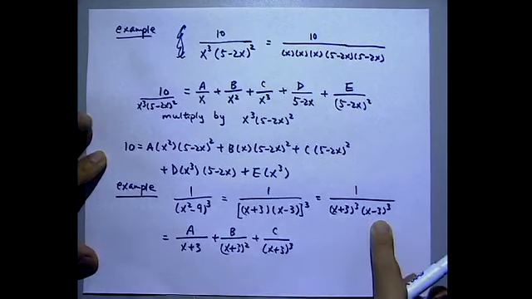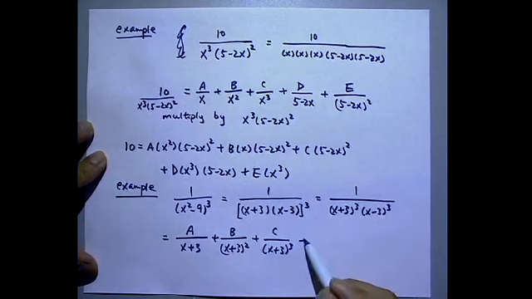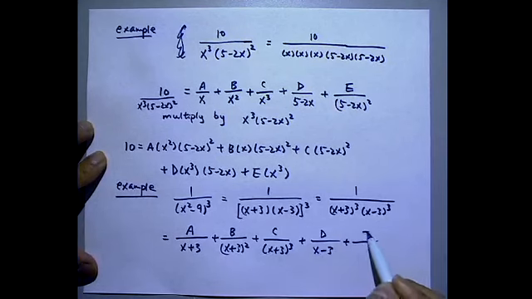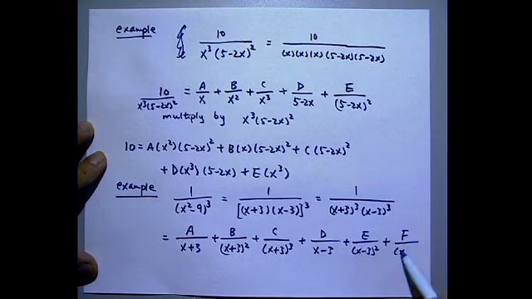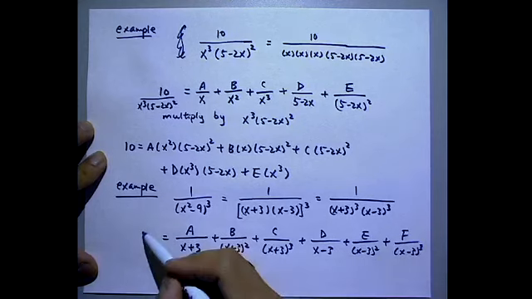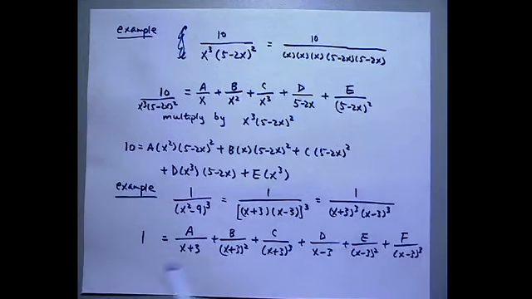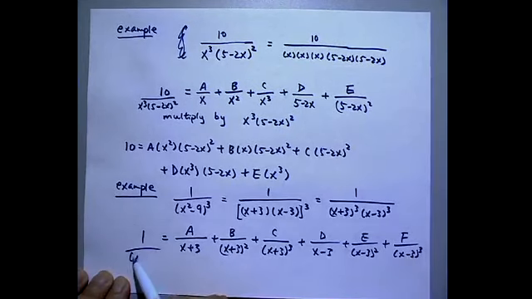Okay, and then the other guy, exactly the same thing, right? D over x minus 3 plus e over (x minus 3) squared, and f over (x minus 3) cubed. And all of that is equal to 1 over all of that.